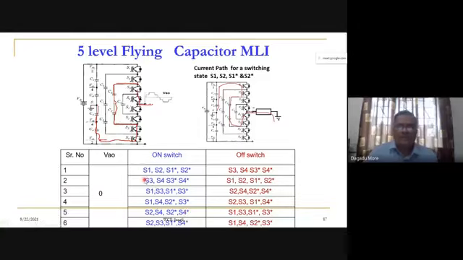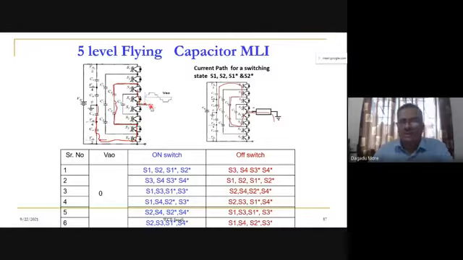So for the second switching state, S3, S4 are on, and S3 dash and S4 dash are on. We start from the negative DC rail. Then we have the two switches S4 star and S3 star, then these two capacitors named C2, and then S3 and S4.